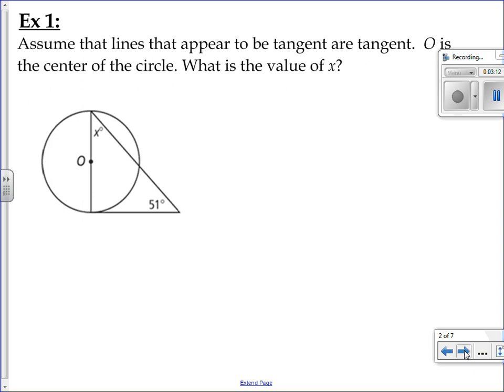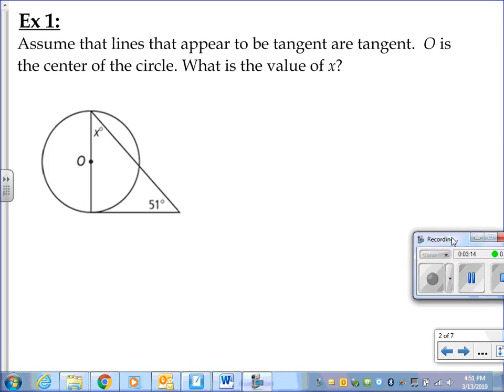All right. Example 1 says, assume that lines that appear to be tangent are tangent. O is the center of the circle. What is the value of x? So let me look for my tangent lines. Well, the only line that looks to be tangent is this bottom segment here. You'll notice that O is the center.